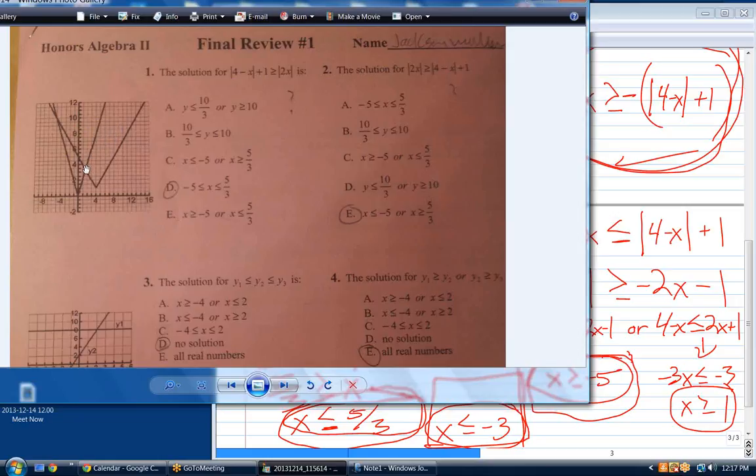The solution we came up with, these are the 2 points, I believe, minus 5 and 5/3. So if you can shade both of these properly, you can come up with the solution by the intersection points and knowing which side to shade.